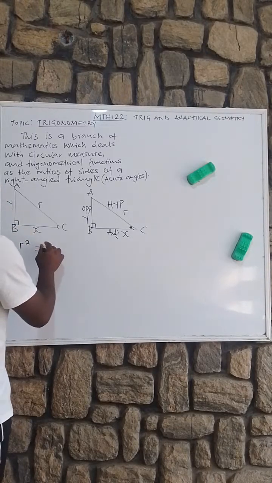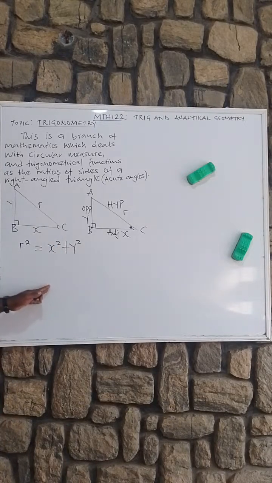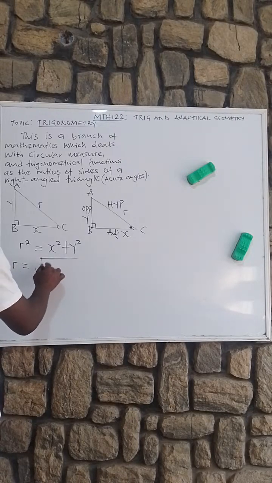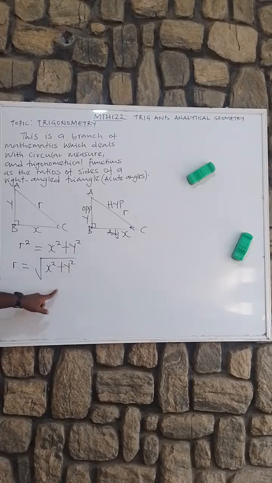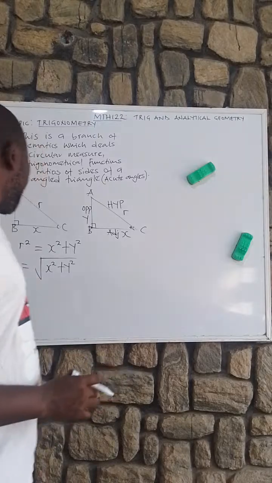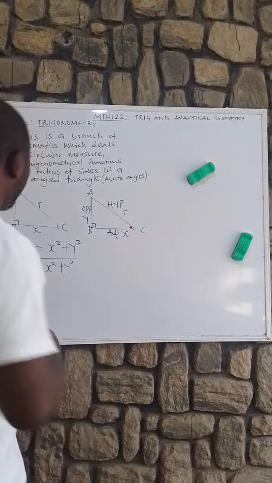So it means x square plus y square. This is Pythagoras theorem, mathematically stated here. So now our r will be equals to square root of x square plus y square. That is why you come across r is always equals to square root of x square plus y square. Do you understand? Are you following? Okay. So far so good.